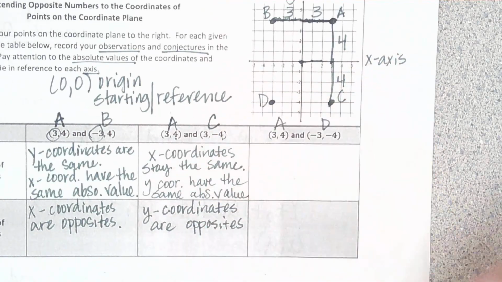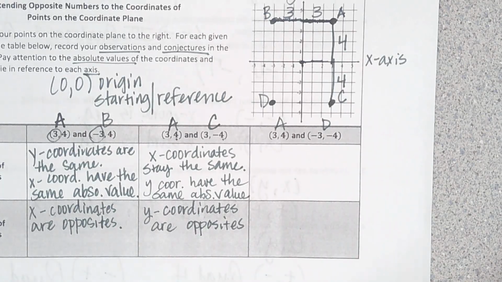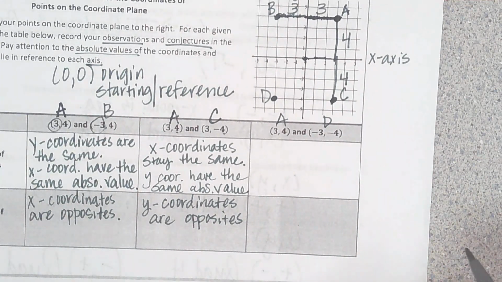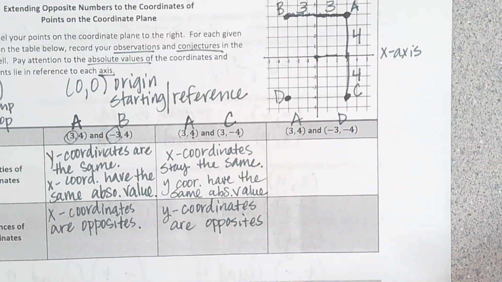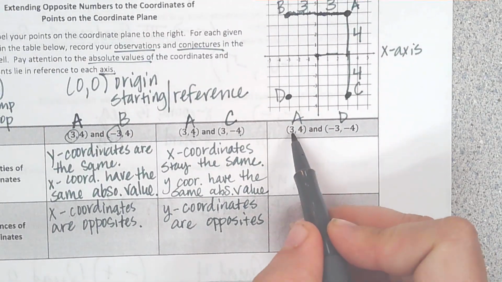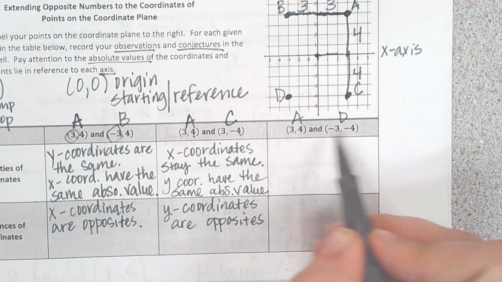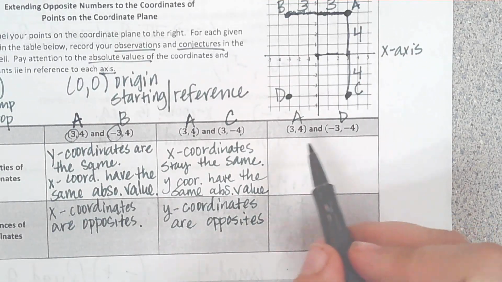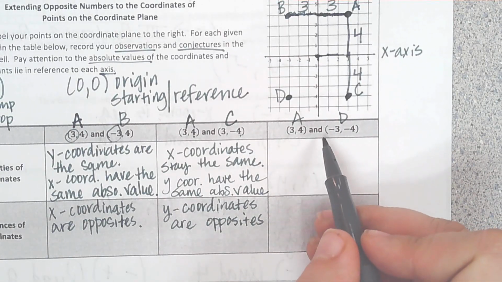And label it. And it's wanting to know all about the difference between A to D. Well, this one's going to be a little bit different because does anything really stay the same in the sense of 3 and negative 3, my x's?